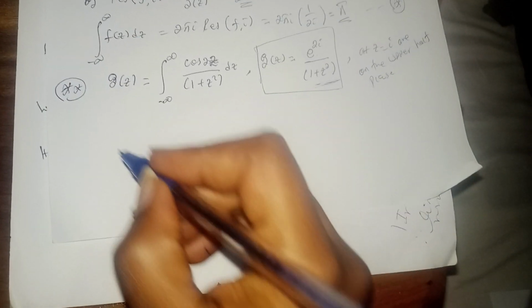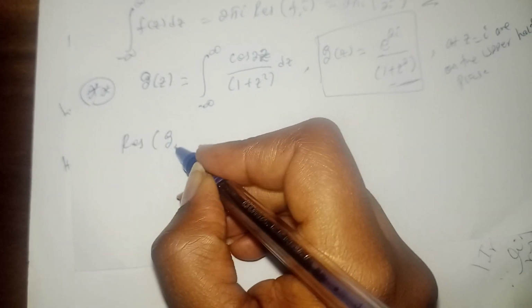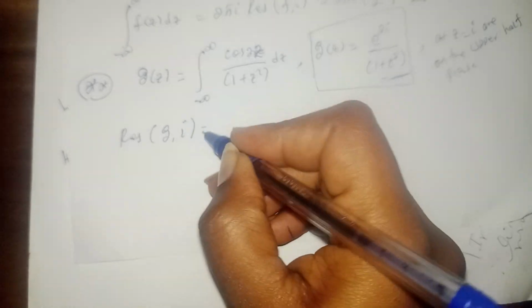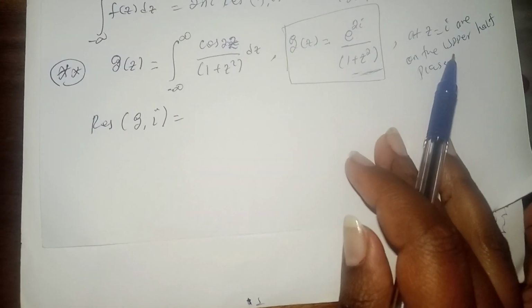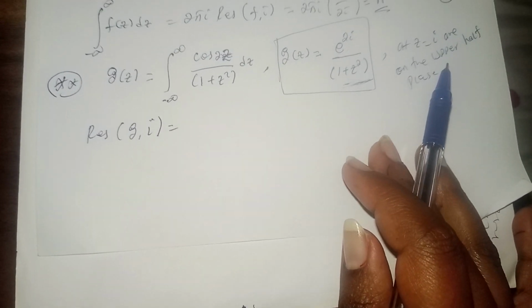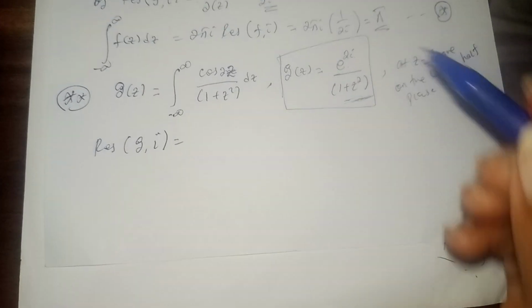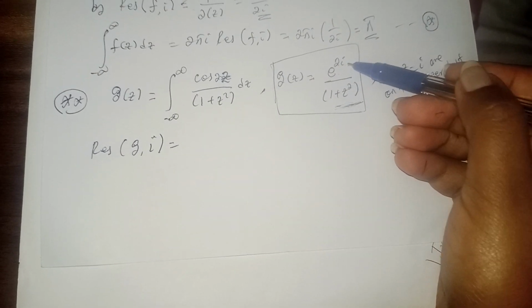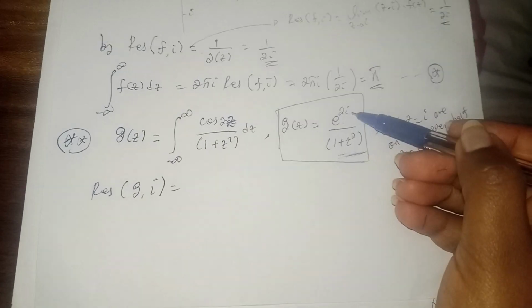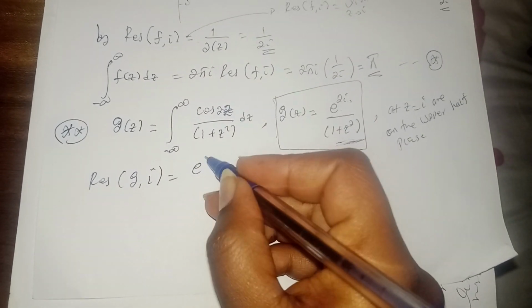So let's find the residue of g at i. There is no z in the numerator factor to differentiate, so it can be e raised to 2i.